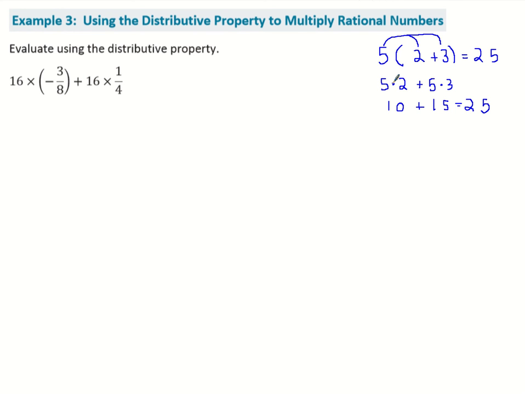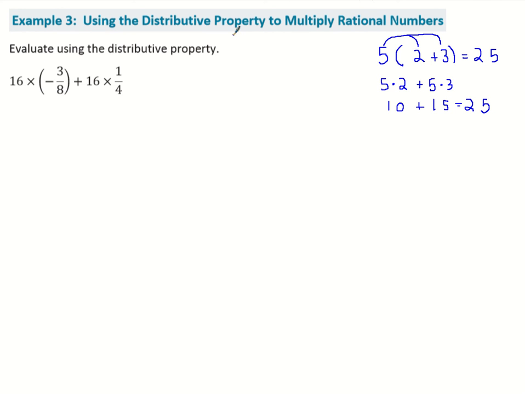Of course, nothing we're working with right now has any variables in it, doesn't have any letters, but maybe in the future we might run into something like that. So we want to get prepared so that you guys know what the distributive property is now, so that later in the future, if we have to use it, we know how to use it.